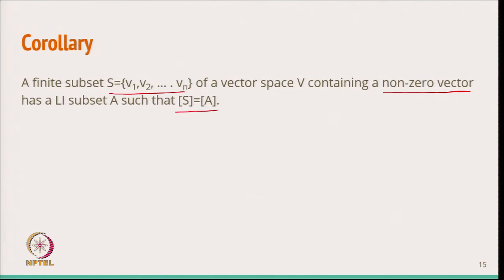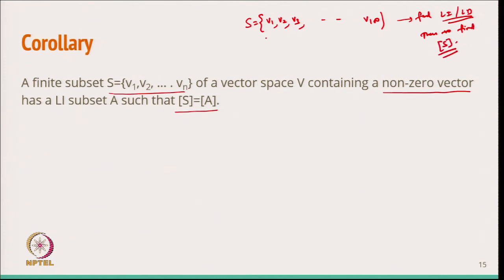It means, suppose somebody gives me a set S that contains V1, V2, V3 up to maybe V100. So, it contains 100 elements, and somebody asks me to find whether it is LI or LD, and to find the span.